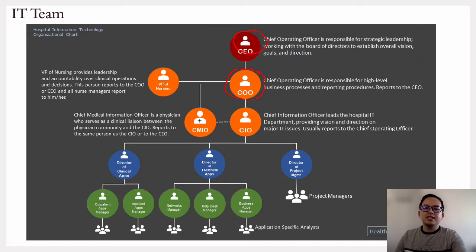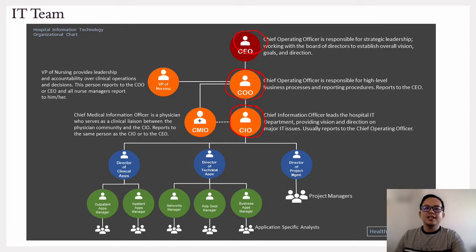The CIO leads the hospital IT department, providing vision and direction on major IT issues. This is the CIO. So in the chart that I am providing you from Healthcare IT Skills, the CIO here reports to the COO, and the COO reports to the CEO.